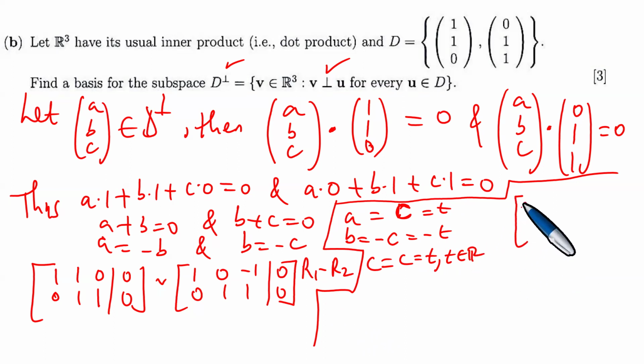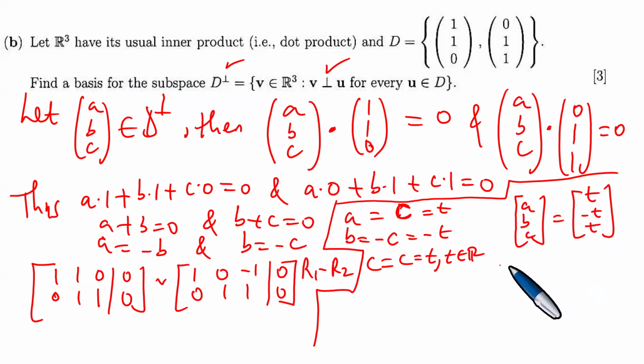Which means that you can have the A, B, C. So what is the A? The A is T. The B is minus T. The C is T. So this one is going to work. But once again, you can do this in many ways.